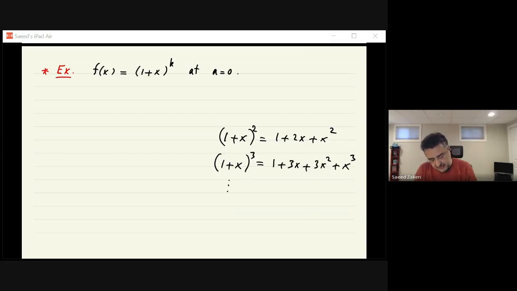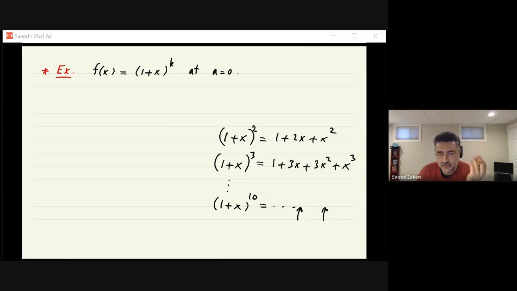And similarly, you can find (1 plus x) to any power, say 10, and these coefficients can be computed. These are actually the so-called binomial coefficients that come up in combinatorics. They have combinatorial descriptions. So this is a well-known idea. Here, we want to expand (1 plus x) to the power k into a power series, but our k is not necessarily an integer. It's not a whole number.